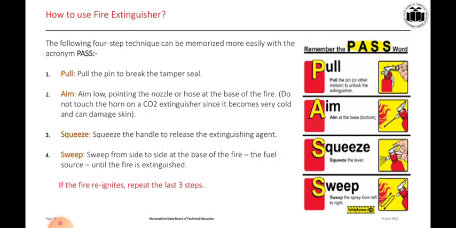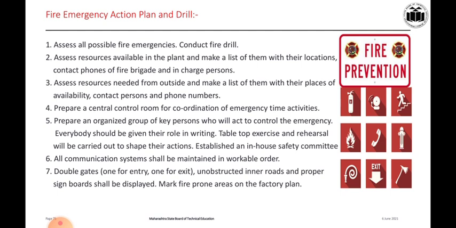Okay, if the fire reignites, repeat the last 3 steps. म्हणजे फायर जर परत पेटली म्हणते बर्न झाली तर काय करायचं आहे की जे लास्ट 3 स्टेप्स आहेत दॅट इज, we will have to press the lever and point the nozzle of that fire extinguisher toward the base of the fire. Okay, so whatever steps we have to follow will be shown in the figure on the right side of the screen.